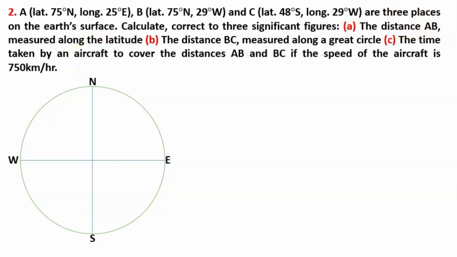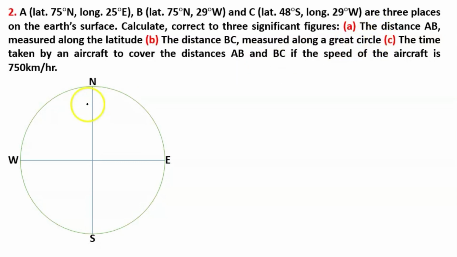You see, they mention latitude. And the distance BC along the great circle. We are told BC is along the great circle. Then also the time taken by an aircraft to cover the distances AB and BC if the speed of the aircraft is 750 kilometers per hour.